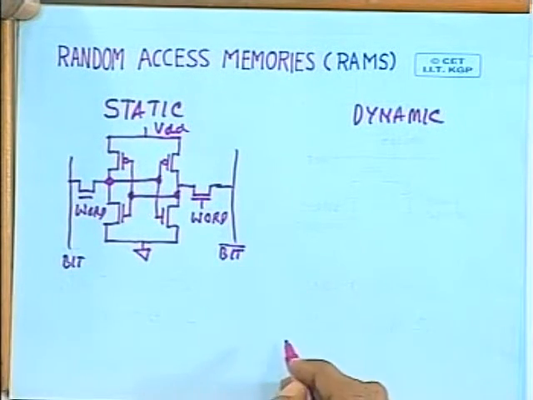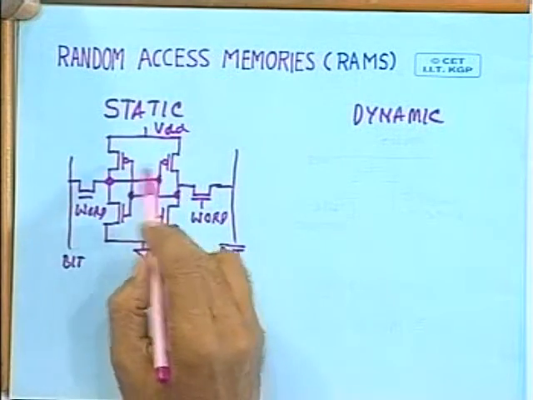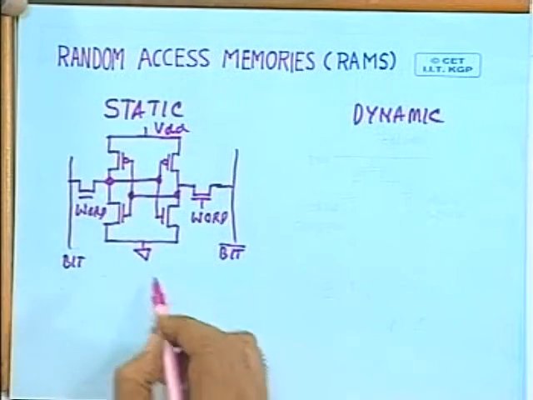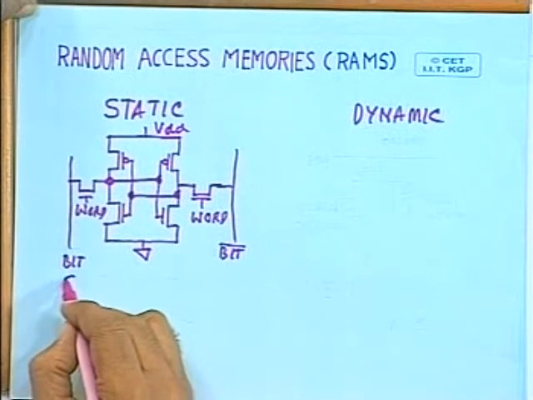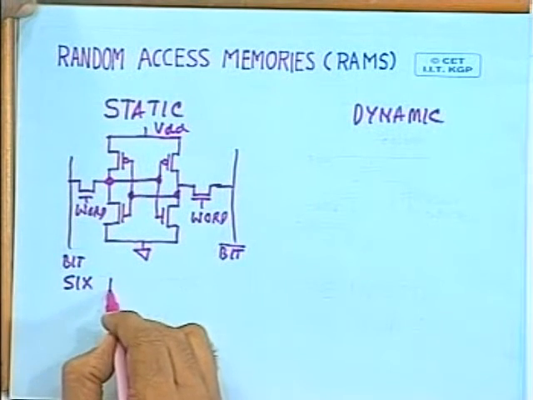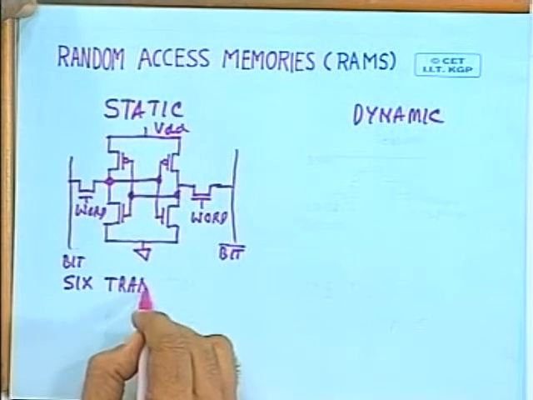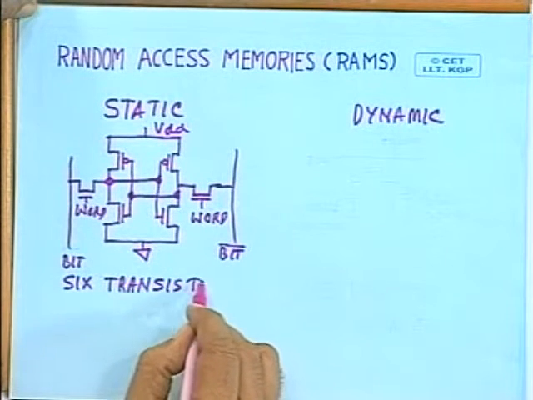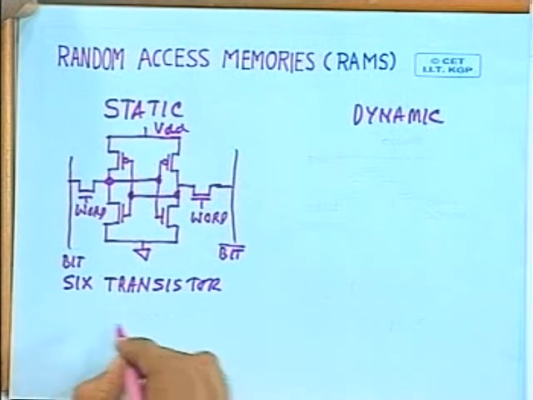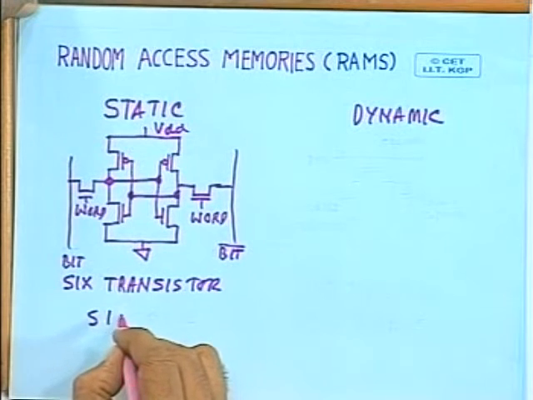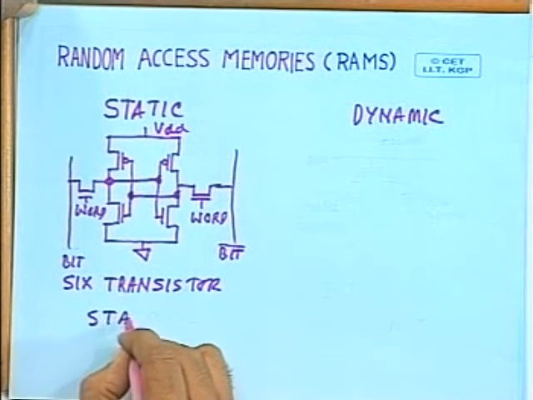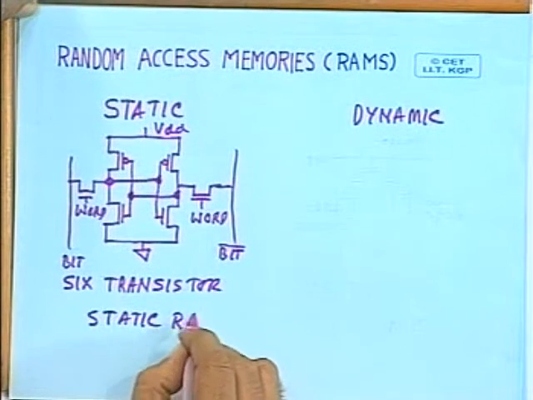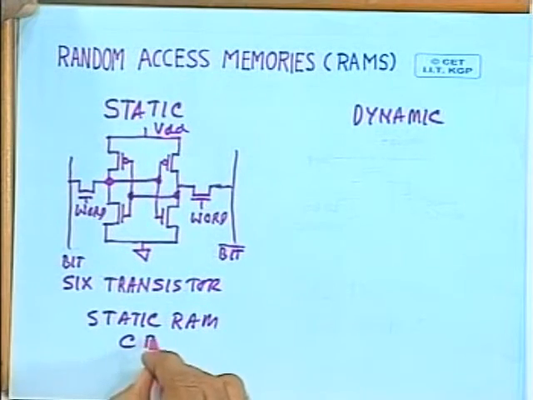So here you can see 1, 2, 3, 4, 5, 6. This is the typical 6 transistor static RAM cell.